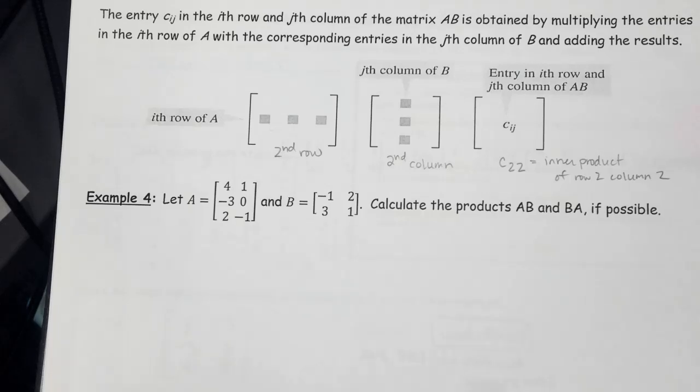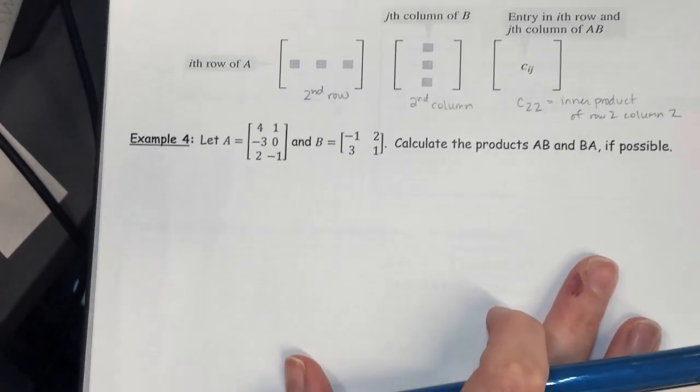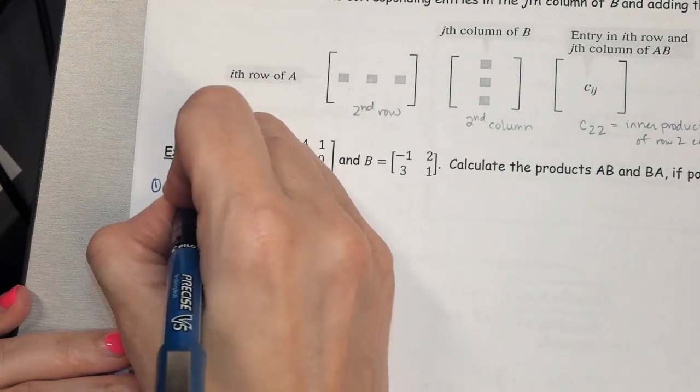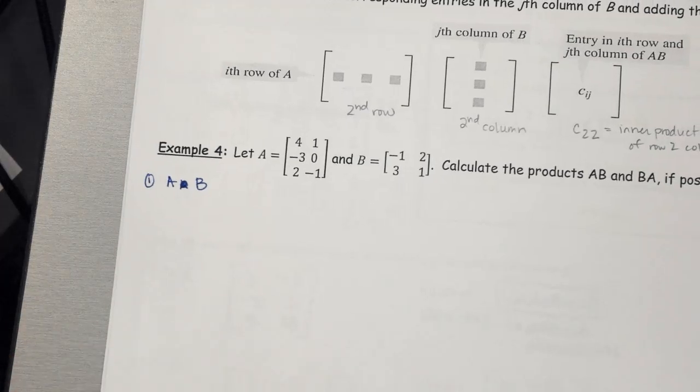So earlier we talked about addition and subtraction being commutative. Okay, we're going to see if that works with multiplication. So the first thing we're going to do is AB. And when you do A times B, sorry, I'll write the multiplication like this so you don't think it's the dimension.